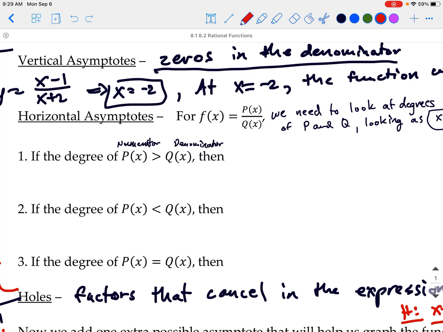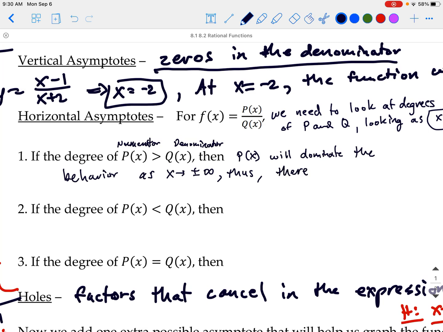Well, obviously, p of x will dominate the behavior as x goes to positive or negative infinity. Thus, if the numerator is exploding to infinity, q of x is getting big, but it can't keep pace, what we would say then is that the horizontal asymptote does not exist.